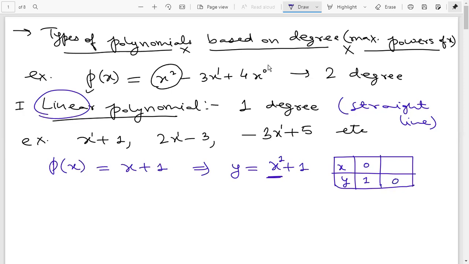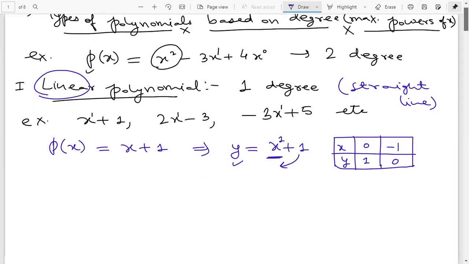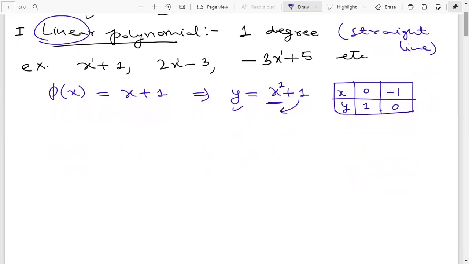This time we'll take y as 0. If you put y as 0, x will be minus 1. This one will go on the left-hand side. So from these 2 values we can now draw this graph, and it will come as a straight line. Let me show you. So y, x, 0. With equal spacing, we can put points 1, 2, 3, 4, which is sufficient.